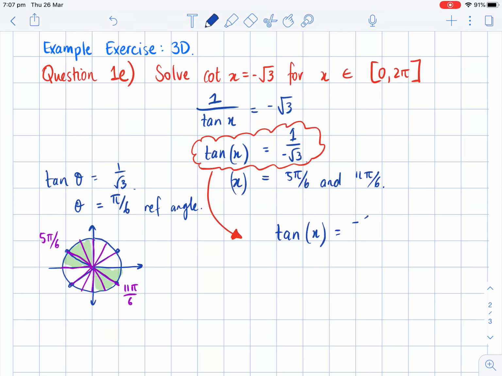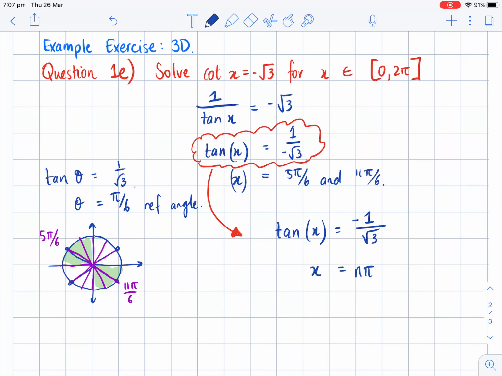Tan x equals negative 1 on root 3. So then I can say, all right, well, x equals, and I'm going to use the general formula, which is n pi plus tan to the minus 1 of negative 1 on root 3.